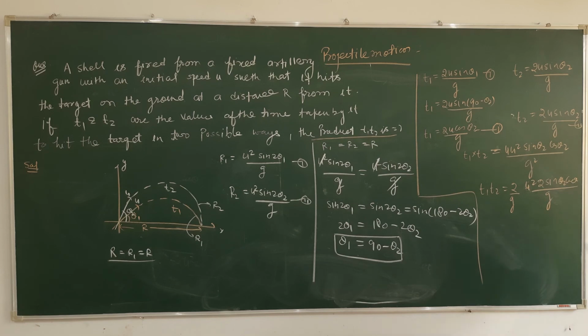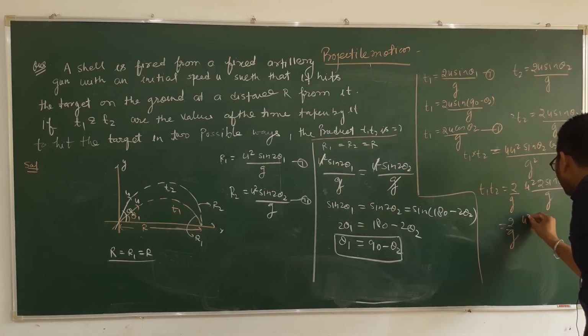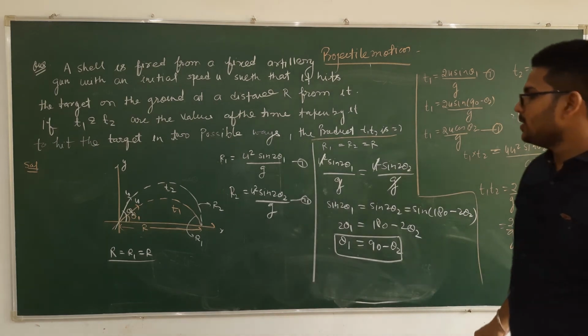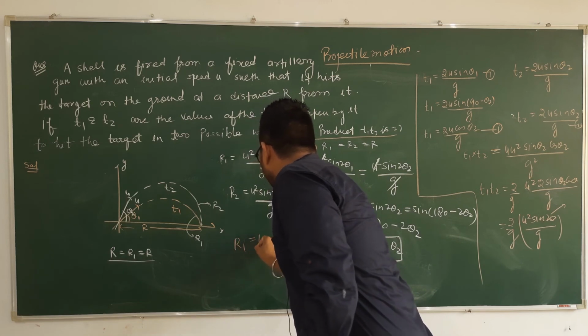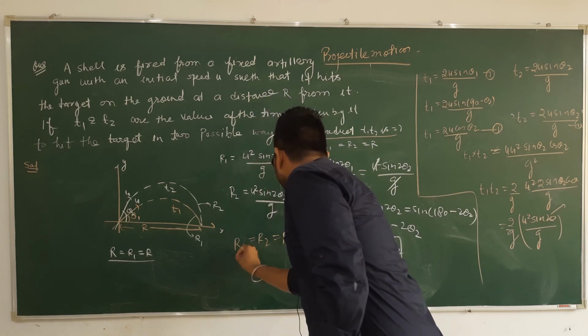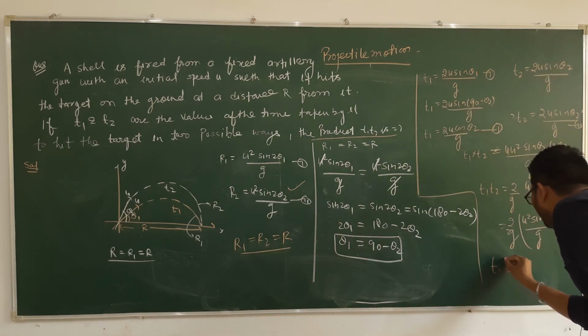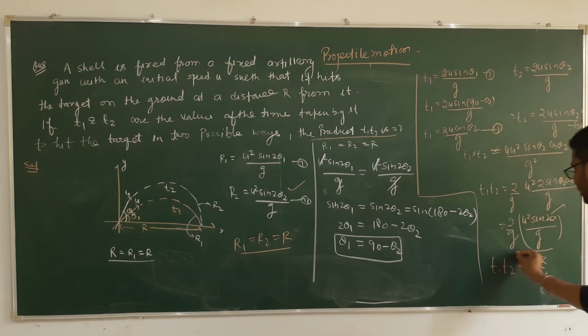Okay, this is 2 upon g times u square sin 2 theta upon g. This term is r2, or we know that r1 equal to r2 equal to r, so we can write it as r. So T1 T2 is equal to 2r upon g. This is the product of T1 and T2.